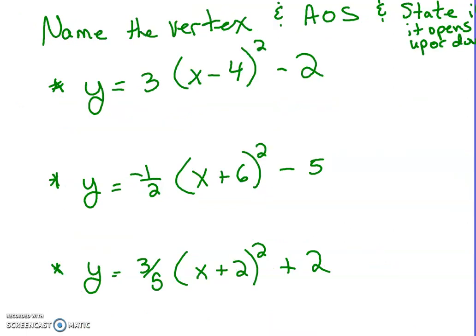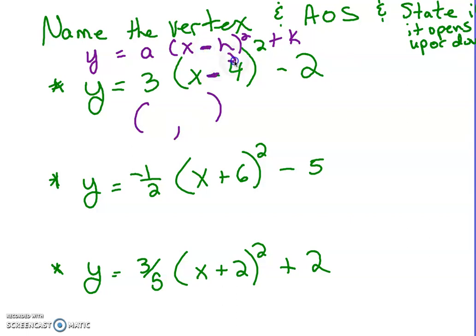So here I have three equations written in vertex form. Let's point out what the vertex is, and of course the AOS, and if it opens up or down. So remember the formula, y equals a parentheses x minus h squared plus k. So here you can see (h, k). Again, notice the formula, this is minus, and so is this.